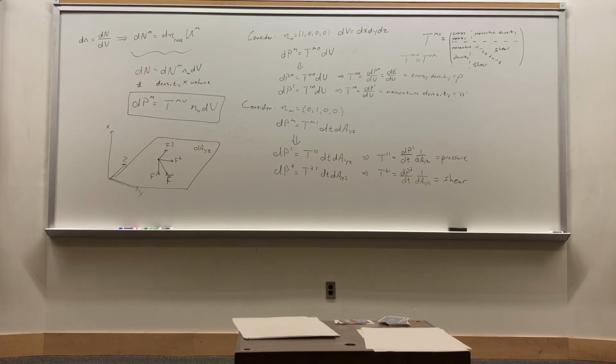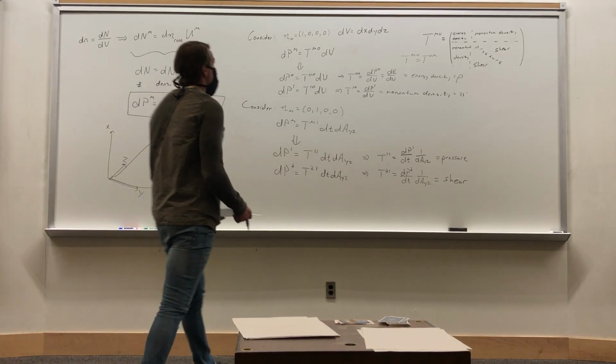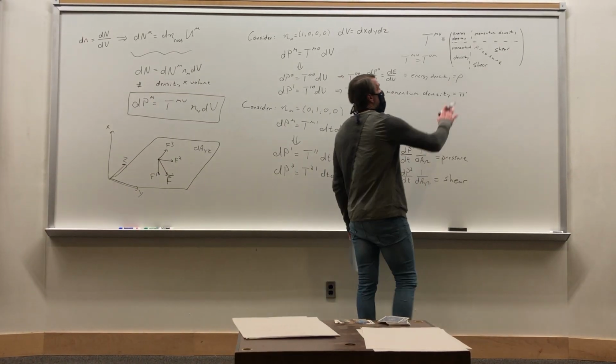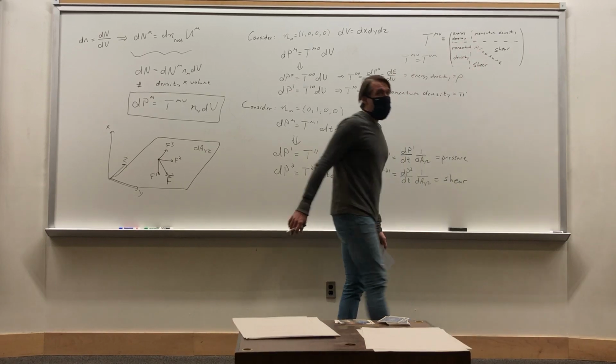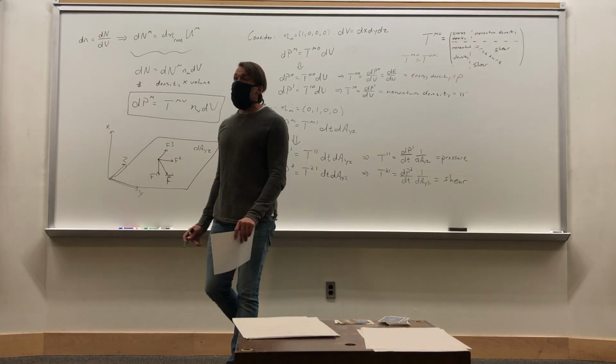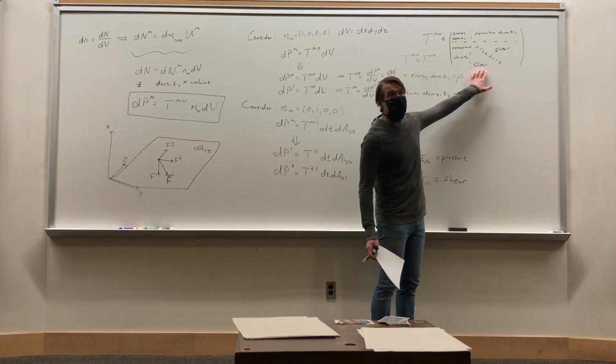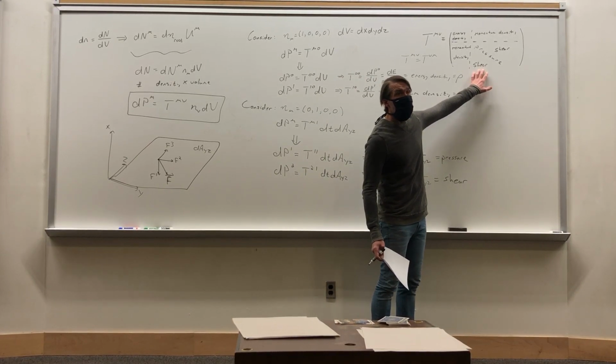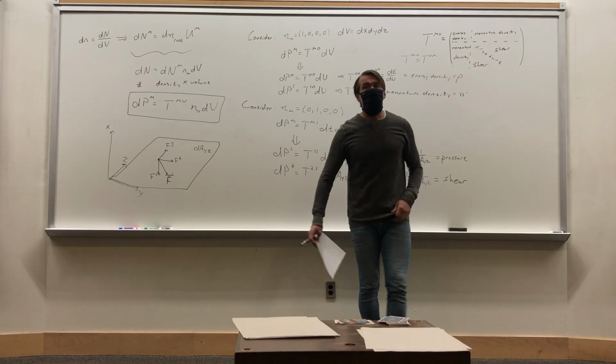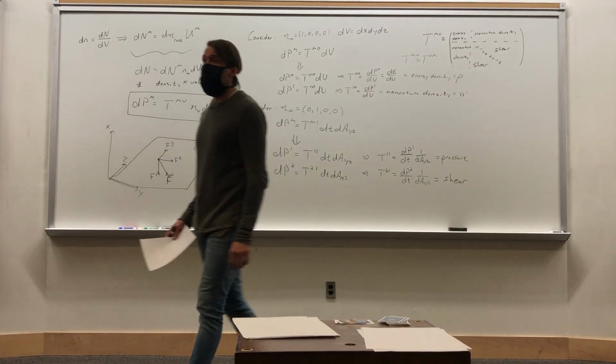So you want to become comfortable with this, and I'm going to show you some more tricks you can do with it as well. But these are the terms and their interpretations. And I'll go ahead and tell you that quite often we assume 0 shear, okay? And then I'll show you how to generate a momentum density in just a minute.